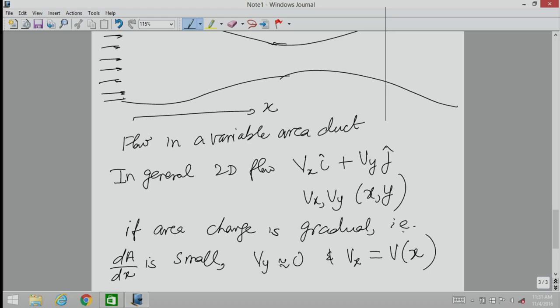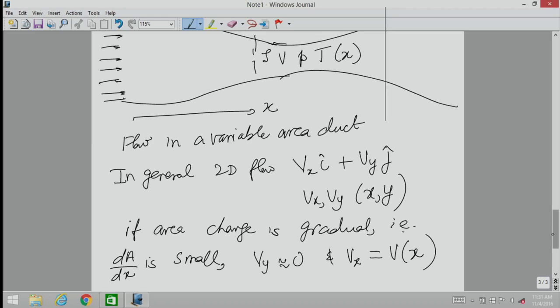So now in such a flow, x is this direction. At any station x, let the density be rho, the velocity be v, the pressure be p, and the temperature be T. They don't change across the cross section. These are all functions of x.